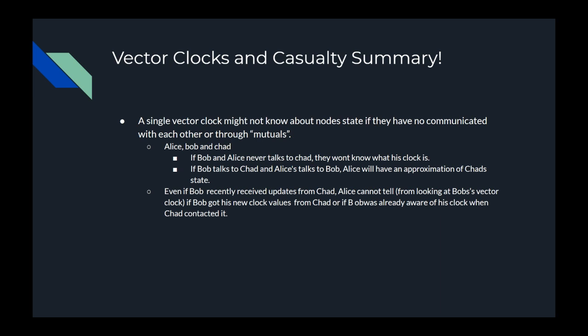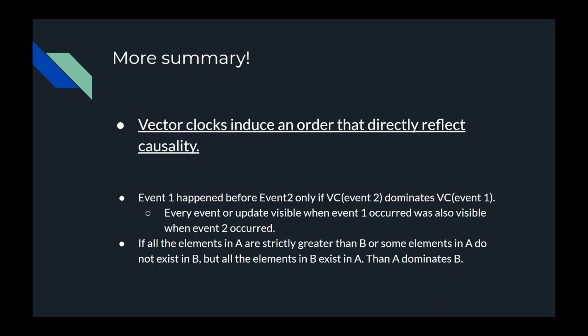So even if Bob recently received updates from Chad, Alice cannot tell from looking at Bob's vector clock if Bob got his new clock values from Chad or if Bob was already aware of his clock when Chad contacted it. So what if nothing had happened to Chad, right? Then he really wouldn't have received any new information when they contacted again and Alice talked to them. So that's something you have to be aware of.